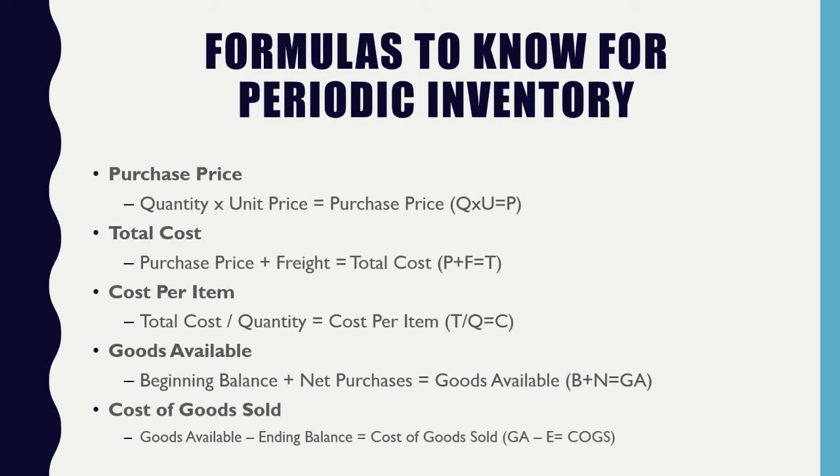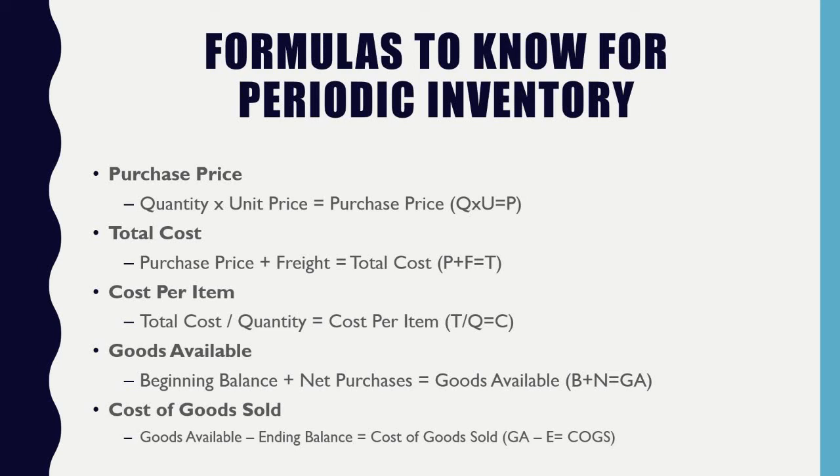Once you figure out your total cost, because we need to separate our inventory by batches, we need to figure out how much each batch of inventory is going to cost me. So we solve for our cost per item, which is our total cost divided by our quantity.